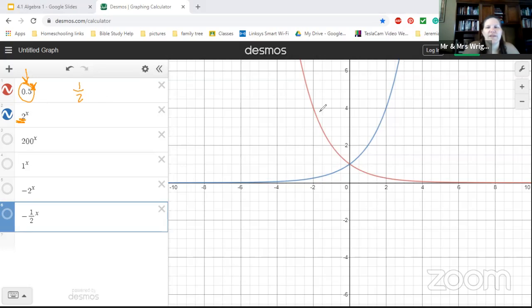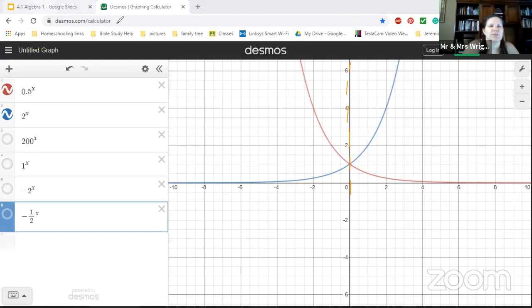So we have here the graph of 2 in blue, 2 to the power of x, and the graph of the inverse of that, the inverse graph. And as you notice, they're just mirror images of each other that flip over this vertical axis right here, the y-axis. They've just flipped over that. And so you can easily see that.